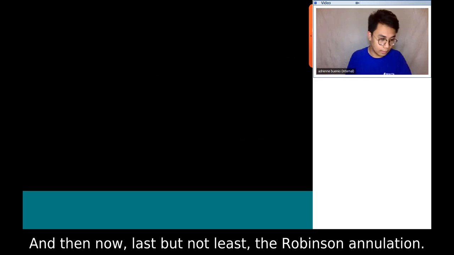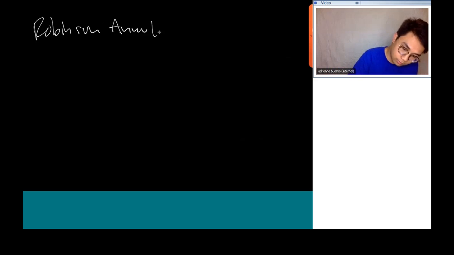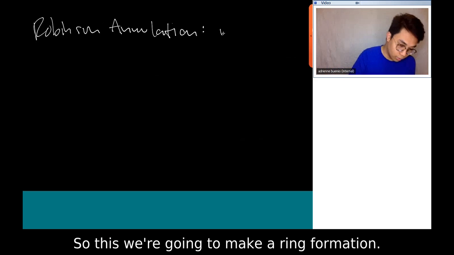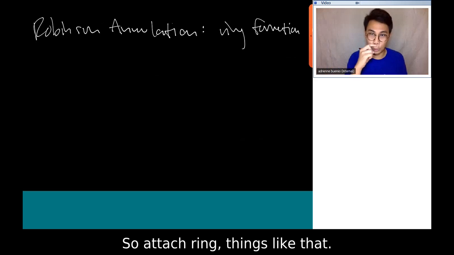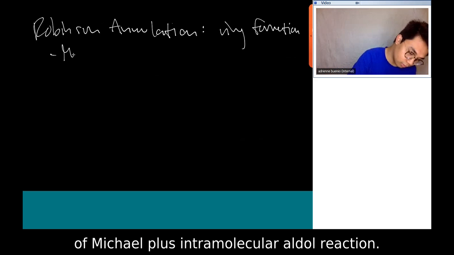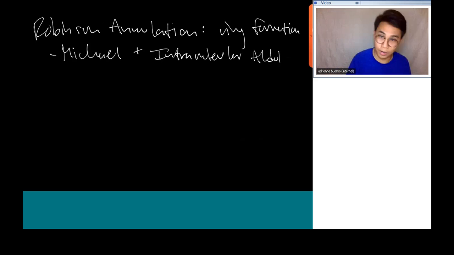Okay. And now, last but not least, the Robinson annulation. So with this we're going to make a ring formation, right? So an attached ring, things like that. And this is pretty much a combination of Michael plus intramolecular aldol reactions, right?